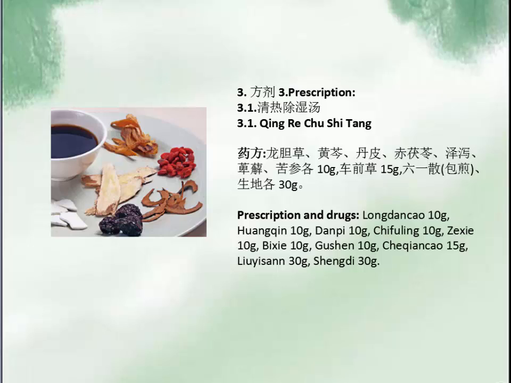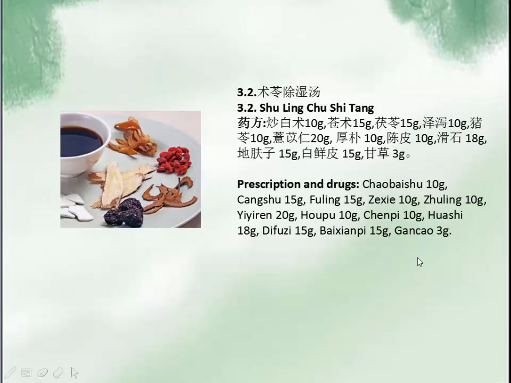So pretty much every major pattern is somehow addressed, but it's put in the category of damp heat. This one here is more of a heat, fire clearing formula. This is a very, very cold formula. It's got Long Dan Cao, right? So it's similar to liver fire. Then Shuling Chushi.